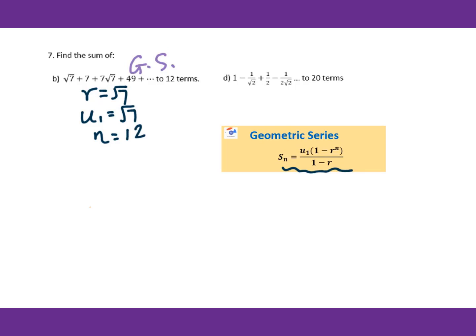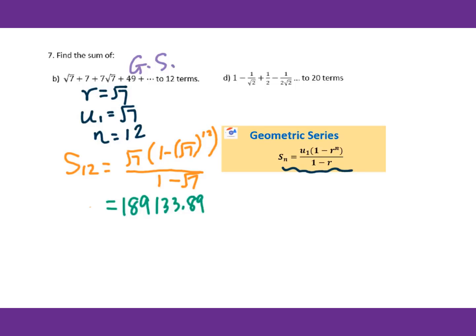So we just need to plug in: S sub 12 equals square root of 7 times (1 minus square root of 7 to the 12th power), then over 1 minus square root of 7. After we put this into the calculator, this will be the value.